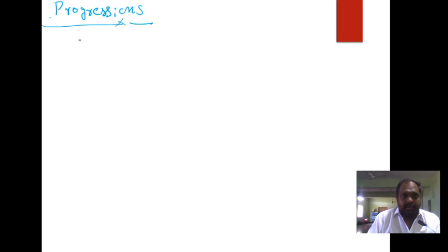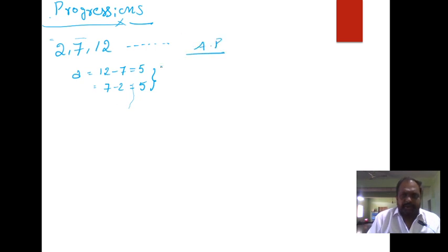Suppose 2, 7, 12 and so on. It is an arithmetic progression. Arithmetic progression means the common difference must be the same. 12 minus 7 we will get 5. Similarly 7 minus 2 is equal to 5. So the common difference here is the same. That is why this is an arithmetic progression, AP.